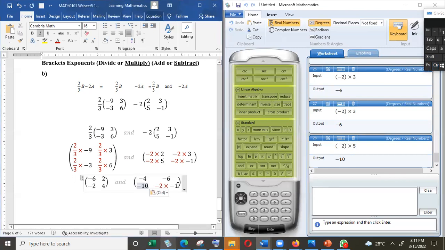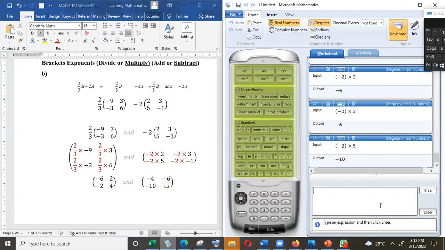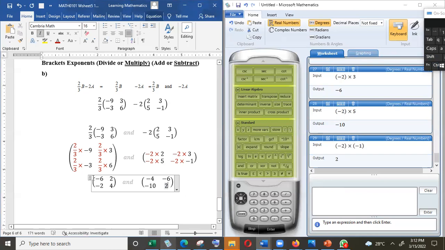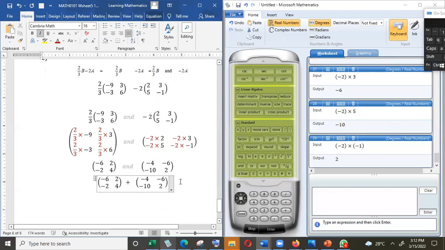And -2 times -1: a negative times a negative is a positive, so that's 2. So what we have is 2, -6, -2, 4, and -4, -6, -10, 2. Remember we said, and in arithmetic is a plus. Please get comfortable doing this. And is plus in arithmetic.